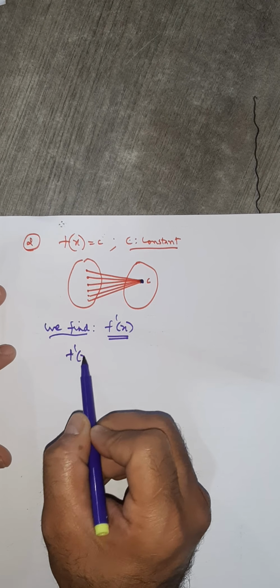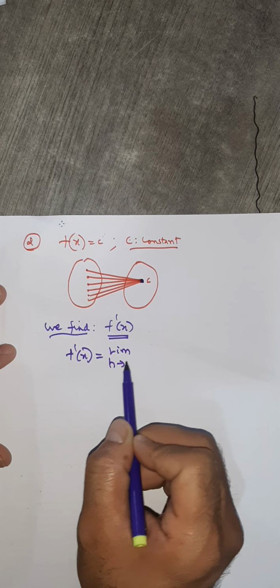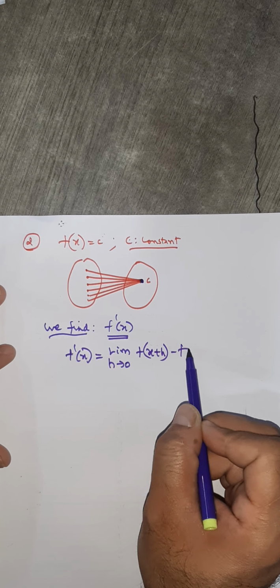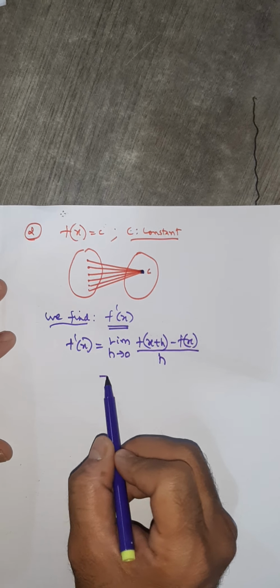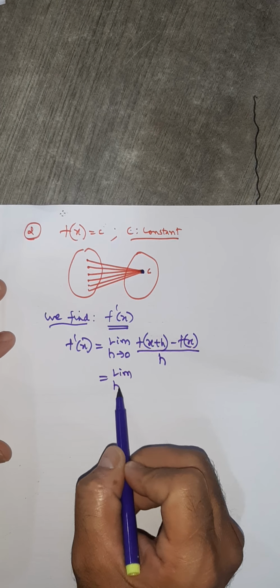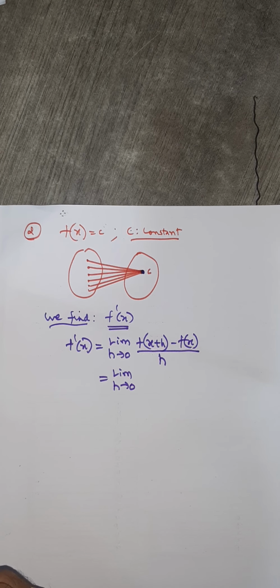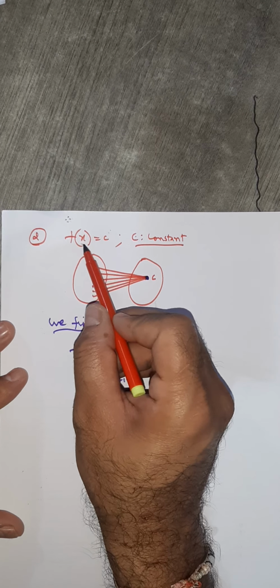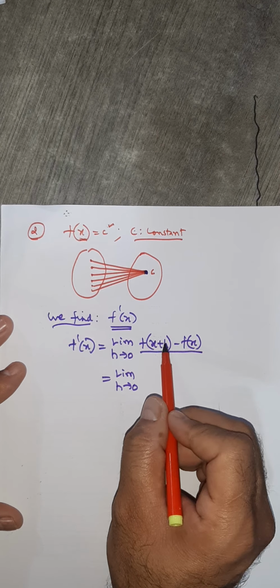So f dash x, let's write the definition. Limit h tends to 0, f of x plus h minus f(x) upon h. What is f of x plus h? As per definition, for every x, the value of the function is always c. You can choose any x here.